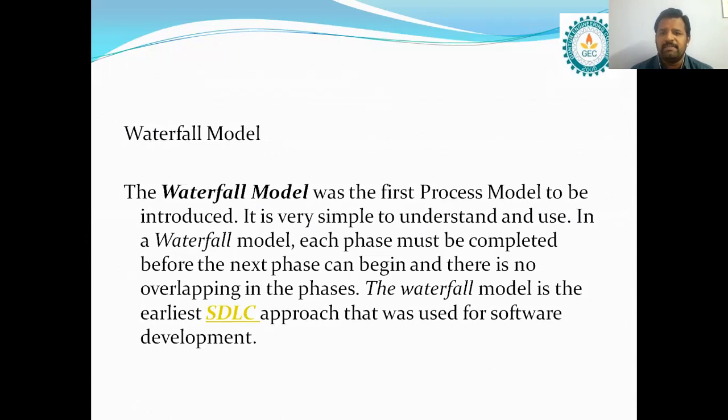In the waterfall model, each phase must be completed before the next phase can begin, and there is no overlapping of phases. Once the first step is completed, then the next step starts. Without completing the previous step, the next step should not begin, so there is no overlapping of the phases.